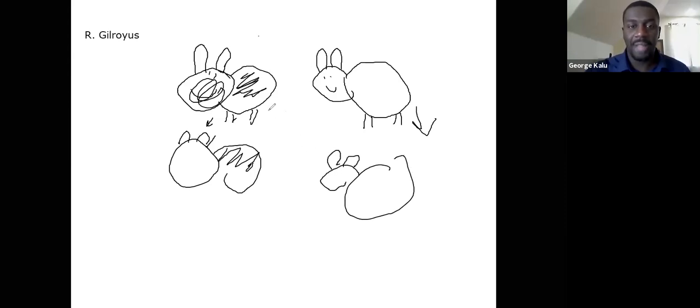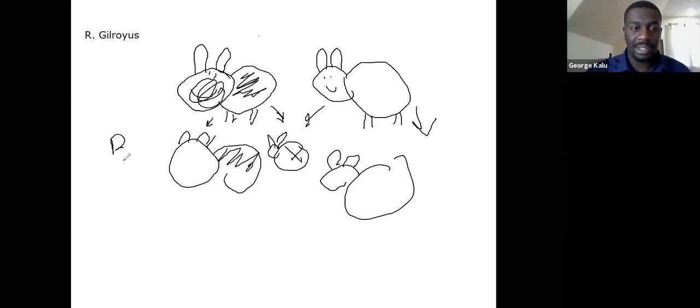And then the black rabbits eventually meet up with the white rabbits. The black rabbits say, hey, white rabbits, you're kind of cute. White rabbits say, hey, black rabbits, you're kind of cute. Let's make some babies. And now we end up with some gray rabbits. We'll just assume this is gray.